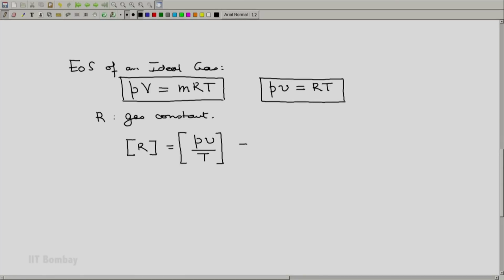So the unit of this will be joule per kilogram Kelvin. The kilogram comes in because this is specific volume, or it could be kilojoule per kilogram Kelvin.